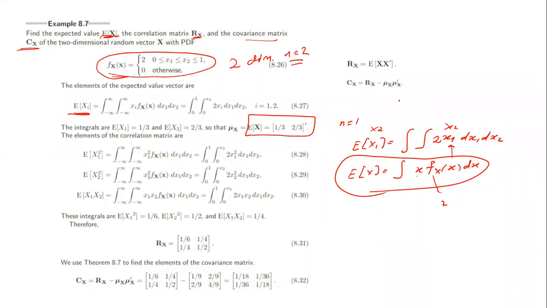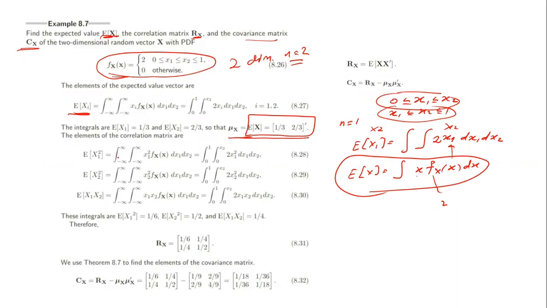Note that the range of x1 is 0 to x2, while for x2 it's x1 to 1. So the limits of the integration will be determined according to the range of the random variables. So we simply create the expected value vector.